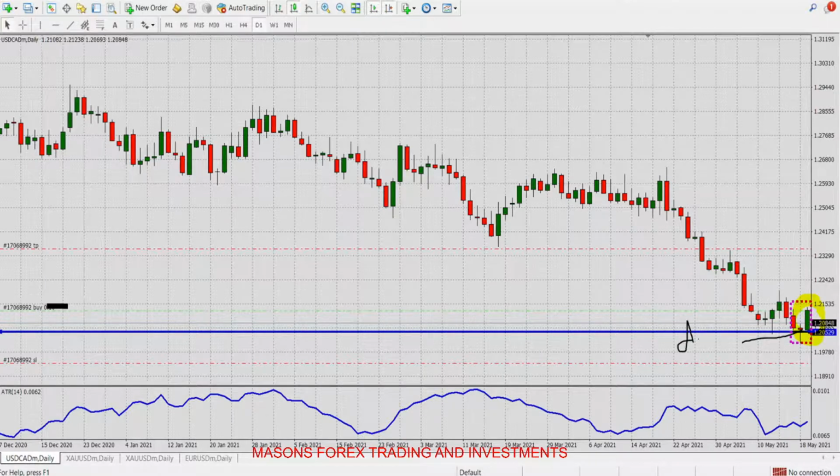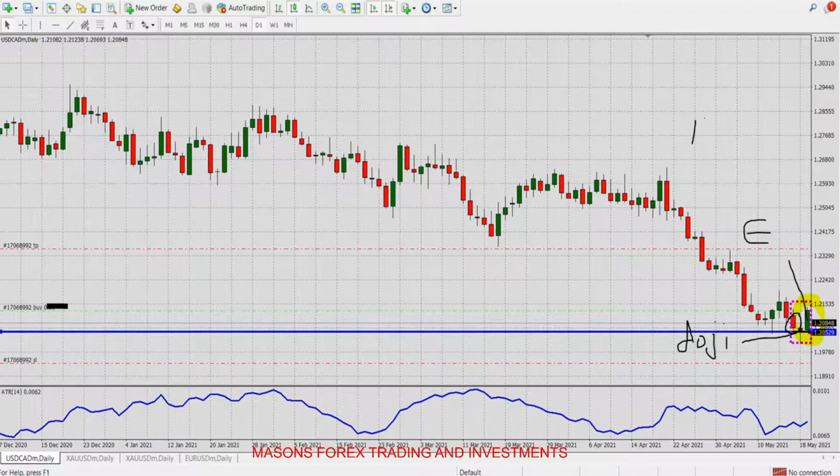You can define that as a doji or rejection bar. This green candle, call it E for engulfing. And then this red candle here. These three candles together form a 3-bar reversal.